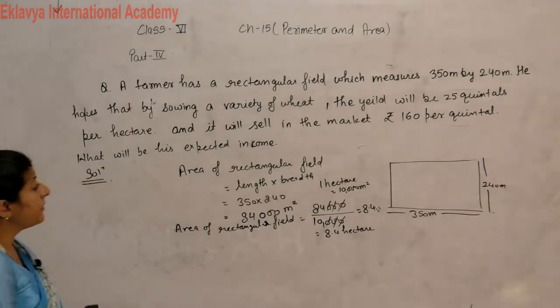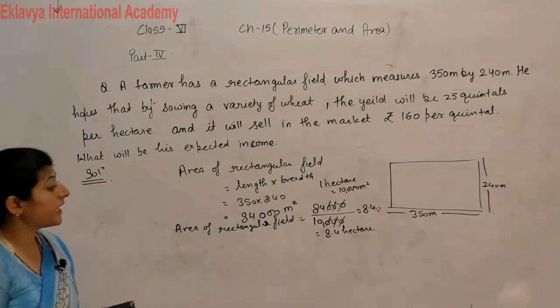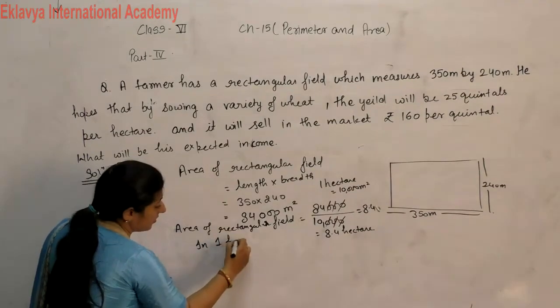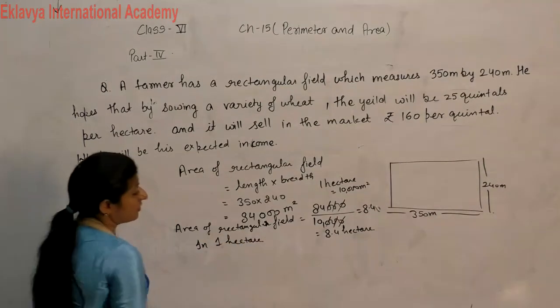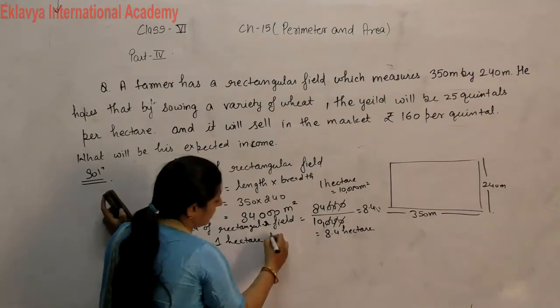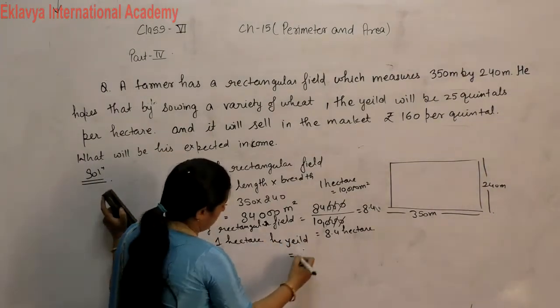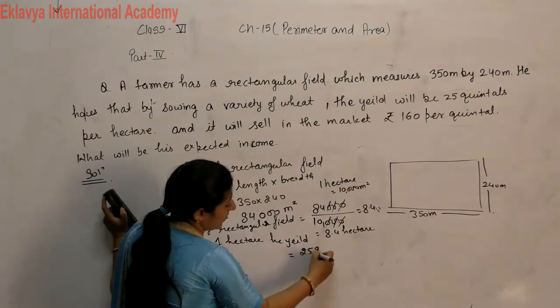Now the yield will be 25 quintal per hectare. In 1 hectare, the yield is equal to 25 quintal.